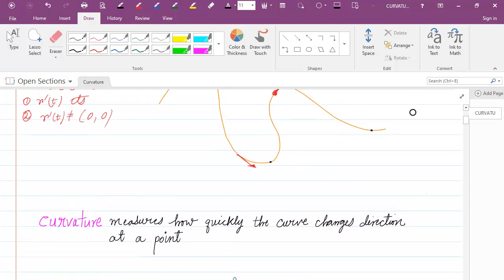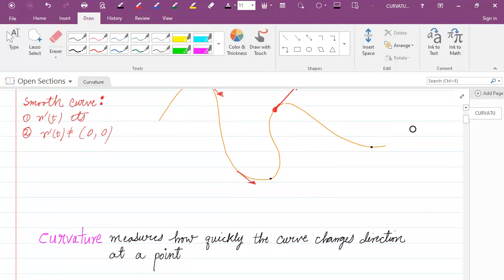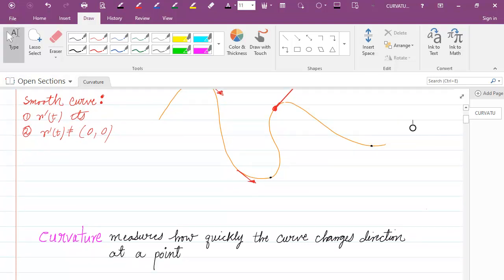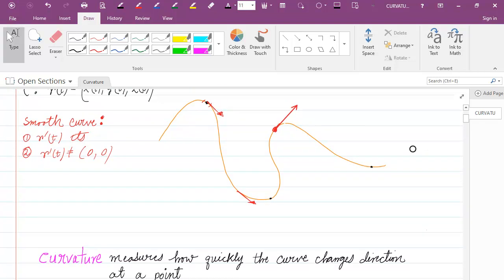So what I want you to do is take a few minutes and think about how you can come up with such a measure. That is, again, you are trying to measure how quickly the path changes direction at a point.